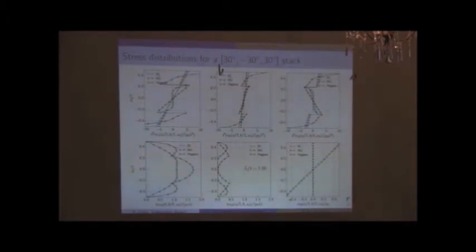And this is the normal stress of the plate. Be careful, I carefully normalized those stress distributions so that they become on the graph of the same order of magnitude.